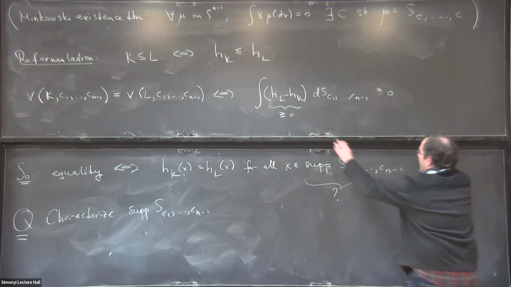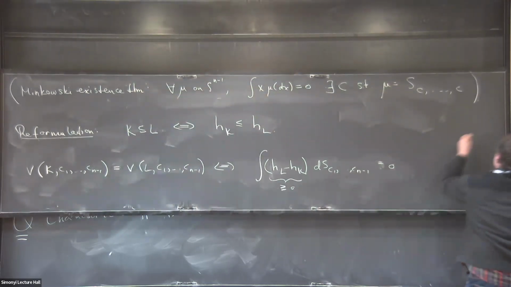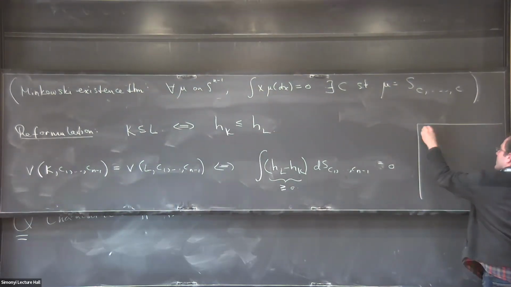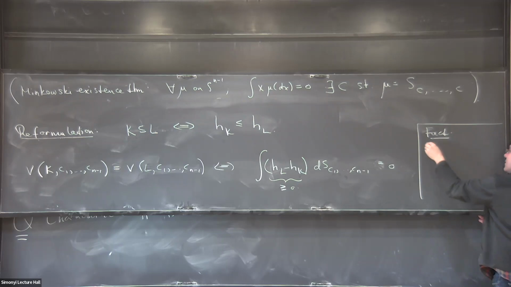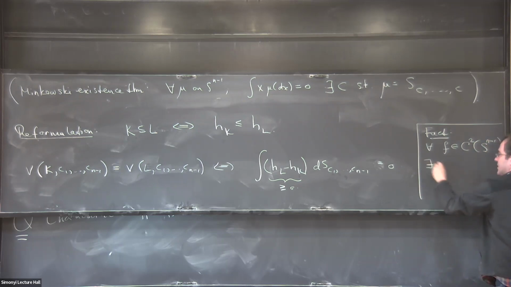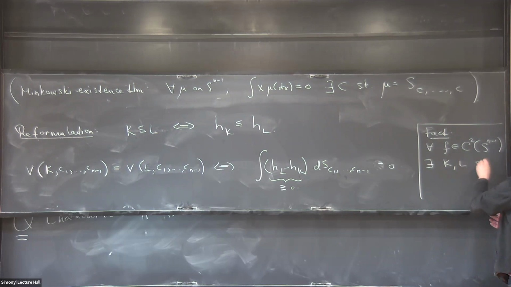Let me just write it, I said it in words right here. It's not 100% obvious, but it's an easy fact. For all C2 functions f on the sphere, that's very important, there exist convex bodies K and L such that f is HK minus HL. Now, of course, the opposite is not true.